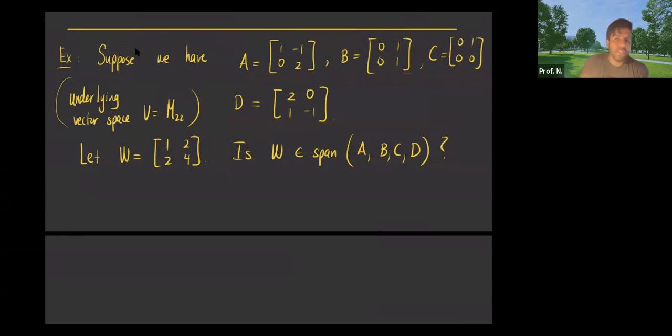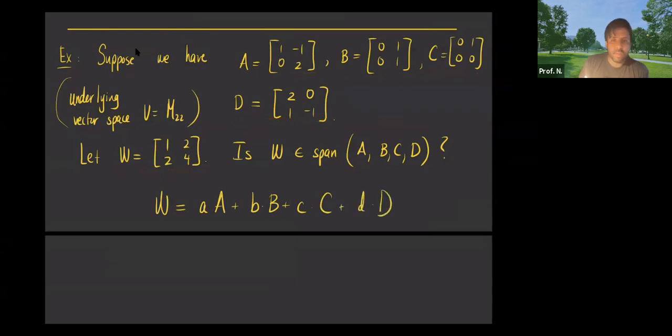And using these 4 matrices alone, is there a linear combination of A, B, C, and D that gives me the vector W? Do you guys understand what I'm asking? So is there a scalar a for A, b for B, c for C, and d for D?